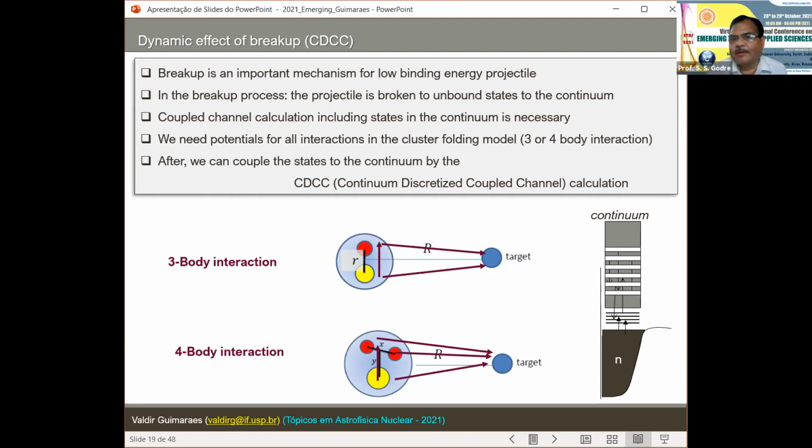But in principle, if the projectile is going to break up and it is reoriented, the angular distribution might become substantially different. Yes, but then we have to take it in a different way, we cannot take it in the same calculation. Either we consider the reorientation, or we consider the CDCC.